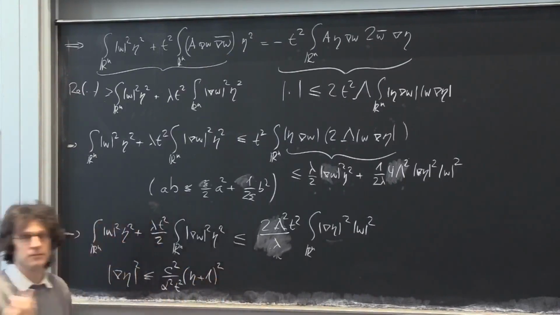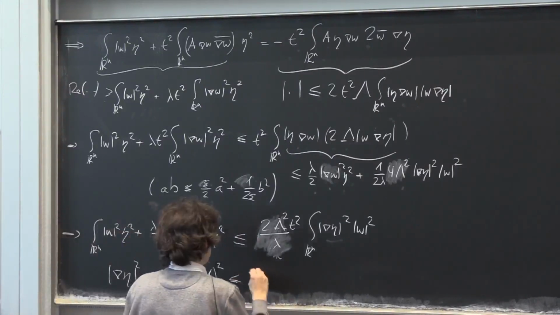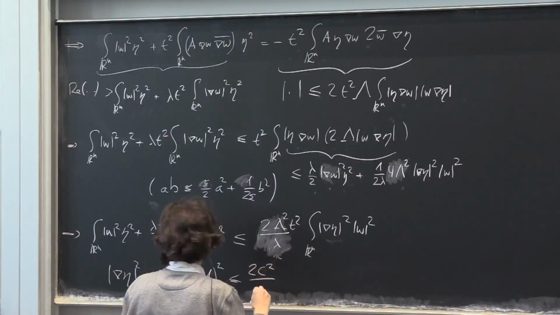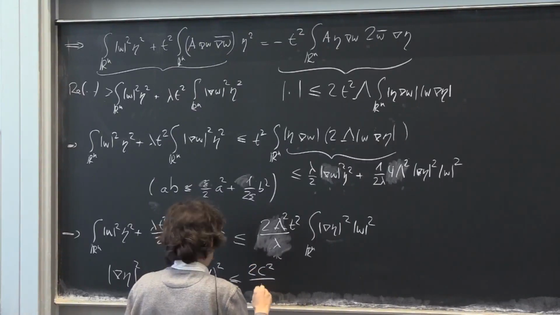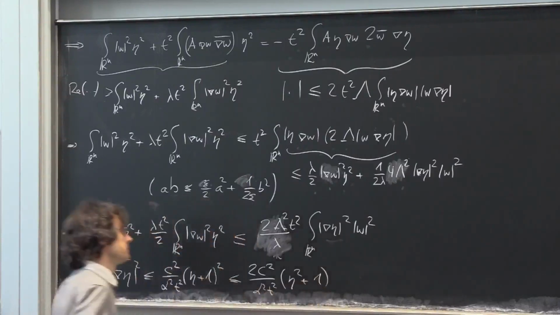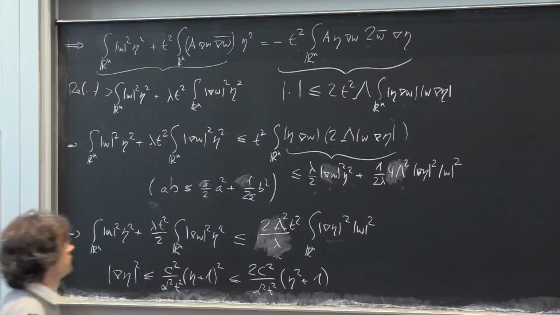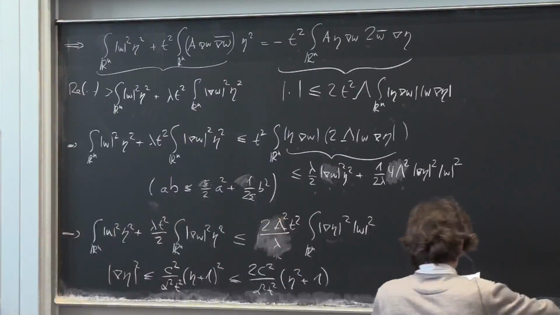So there's a modulus here, but squared does the same trick. And now use some easy binomial estimate to even estimate this by 2 c squared over alpha squared t squared times eta squared plus 1. And then put it in here.